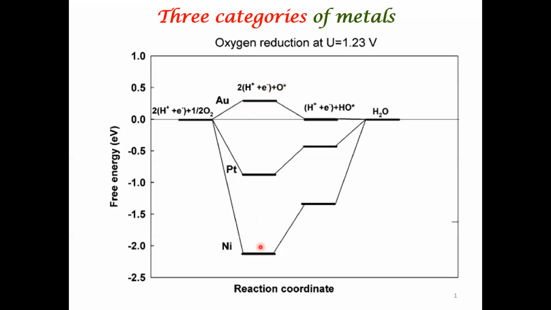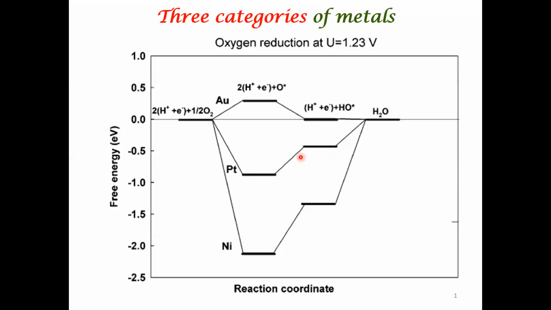So here it binds a lot. Gold binds very weakly to oxygen. Platinum is somewhere in between. Because nickel binds very well to oxygen, if you look at the activation barriers for the next two steps, going from oxygen to hydroxyl and going from hydroxyl to water, both activation barriers are very high.